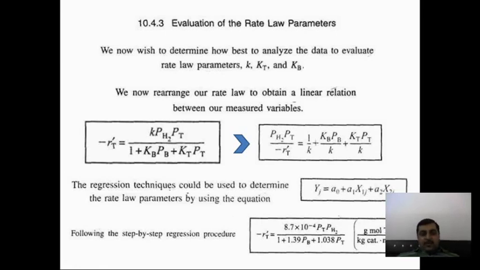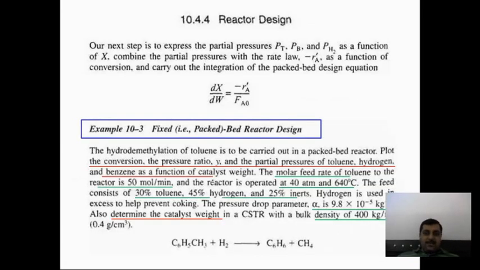That takes us to the last step of our analysis, that is reactor design. So we have a packed bed reactor design equation which relates conversion to the rate law.